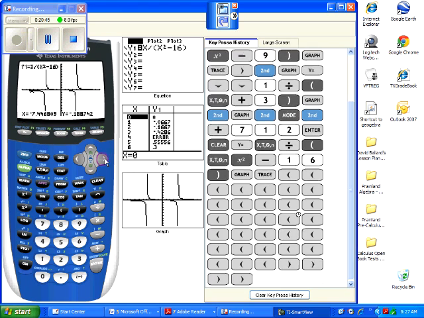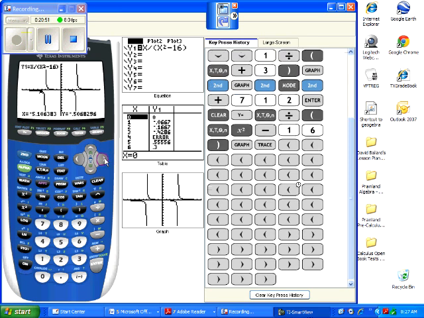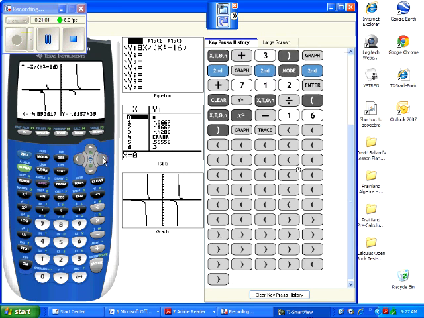As we approach -4 from the left, we're getting closer, and the values are getting huge.